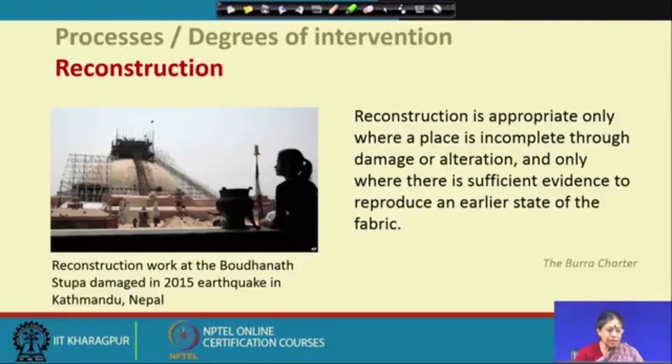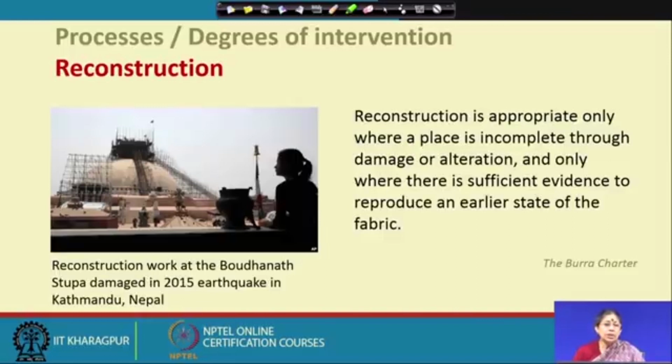We can see the reconstruction work at Boudhanath Stupa, which was damaged in the 2015 earthquake. It has been reconstructed because the entire drawing and original documentation are there, and it has a value to the people.